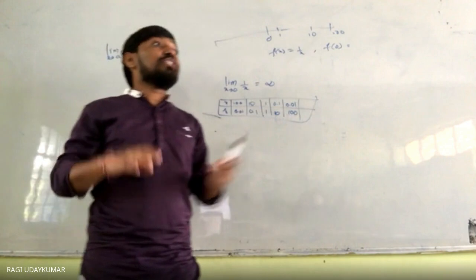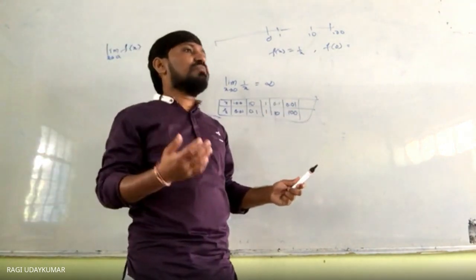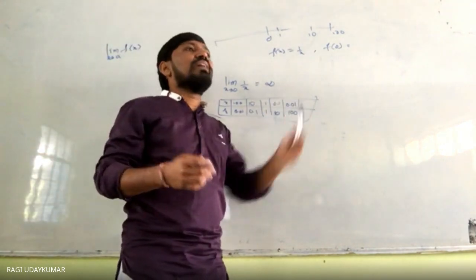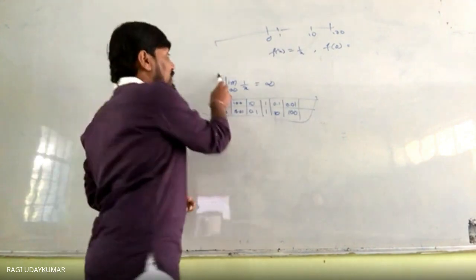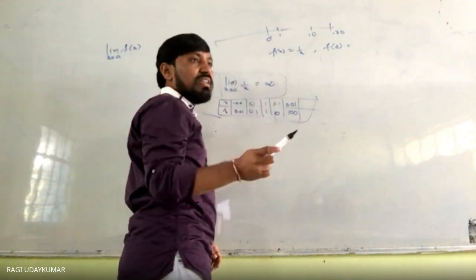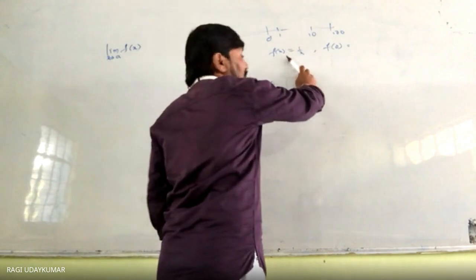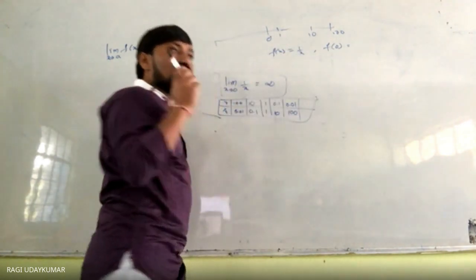To represent that very big number, we use the symbol infinity. So limit x tends to 0 of 1 by x is infinity.